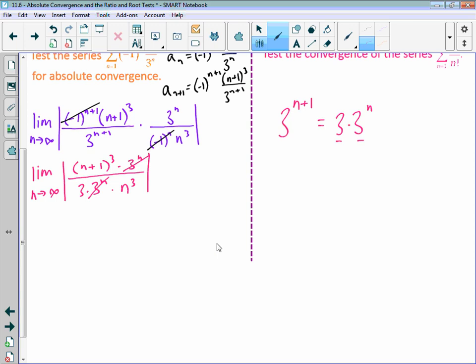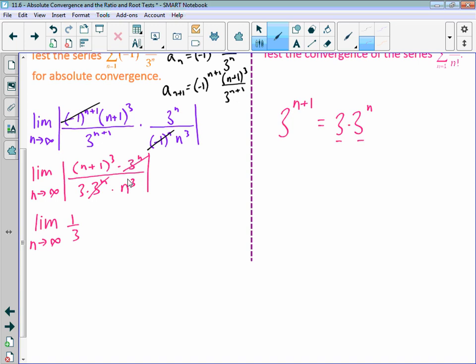Questions so far? So this 3 that's left in the denominator, do I need an absolute value around it? Not really, right? Because it's just 3. So I can really pull the 1/3 out. It's in the denominator, so I'm going to make it a third. And even this stuff here, do I need absolute values around it if my n is going to infinity?